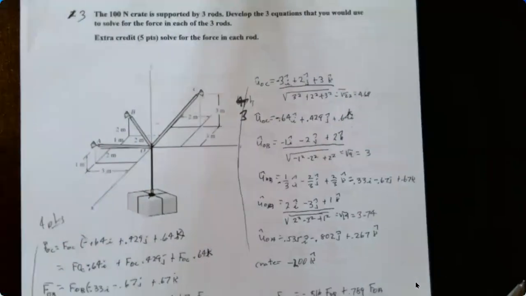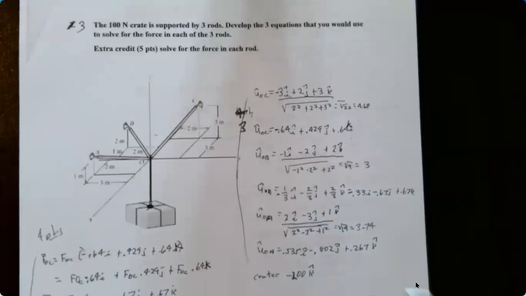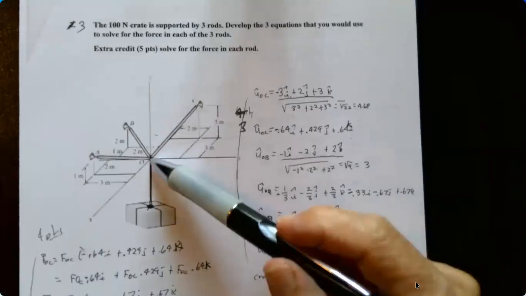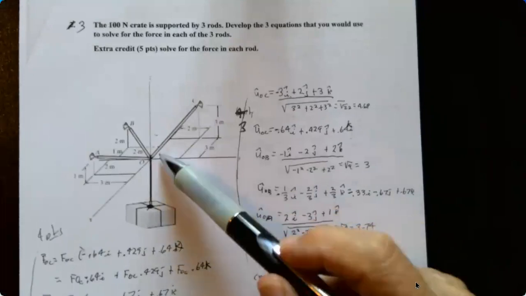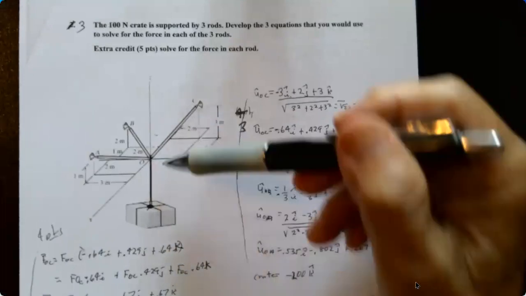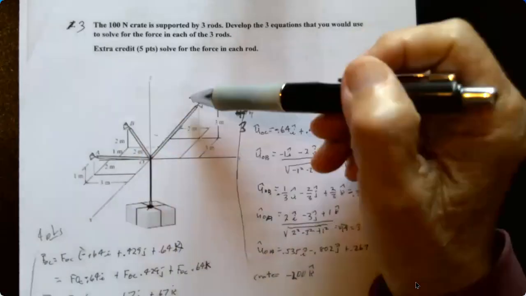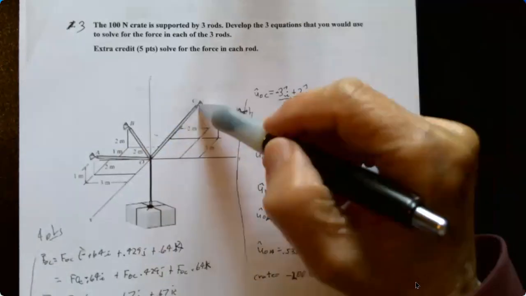Okay, third problem. You have a 100 Newton crate suspended vertically by 3 cables, A, B, and C. And these are rods, so the forces are going to obviously be acting along those rods.